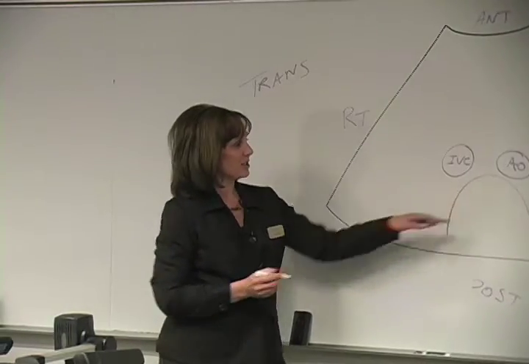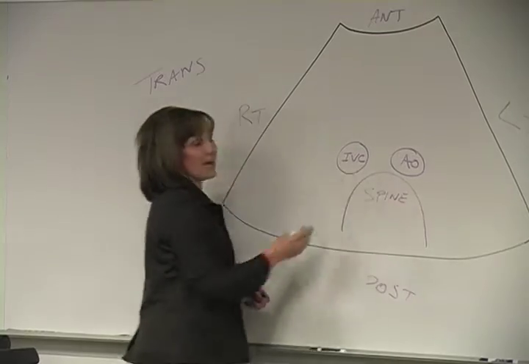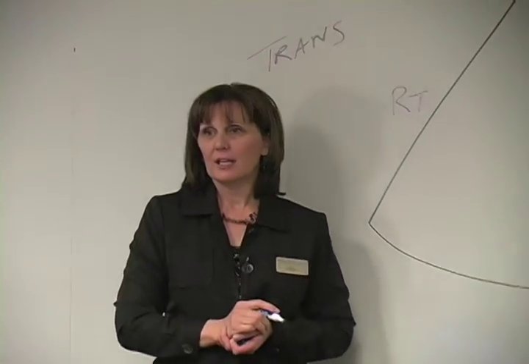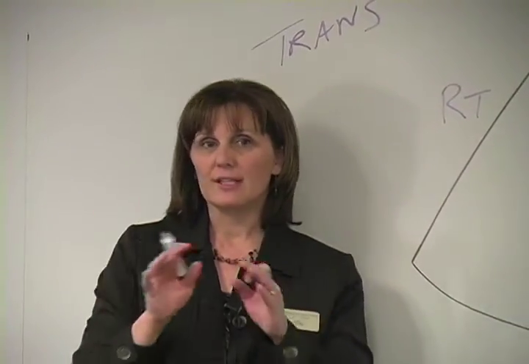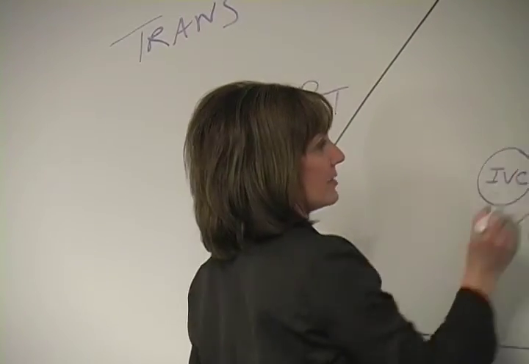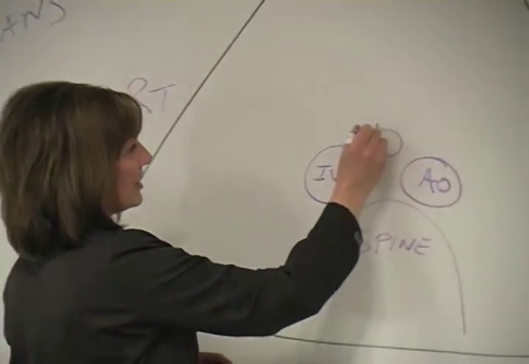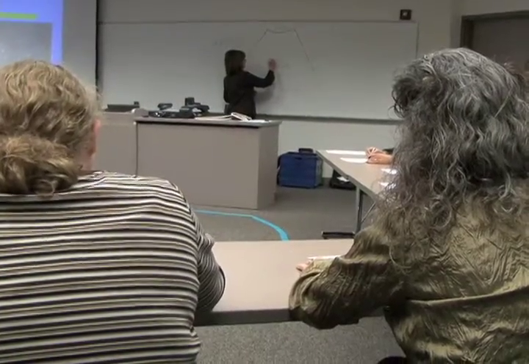So this is spine shadow, IVC, and aorta. Now above that, what artery did I say looks like a priest? It has the white superior mesenteric artery. So right above there. So now you're going to draw the hook-like projection, and that's the uncinate.